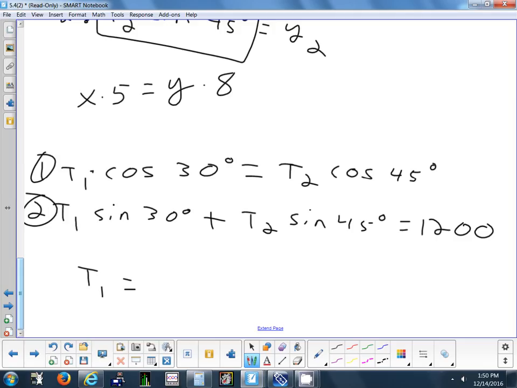So how do you get the letter by itself? Why don't you divide by cosine 30? Yeah. Just like here, you just divide by the number that's next to your letter. Same thing here. So we have T2 cosine 45. And what are we going to divide by? Cosine of 30.